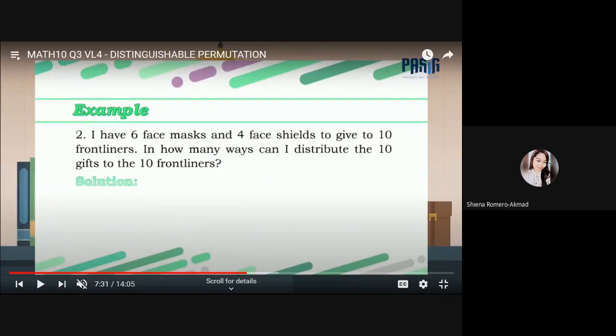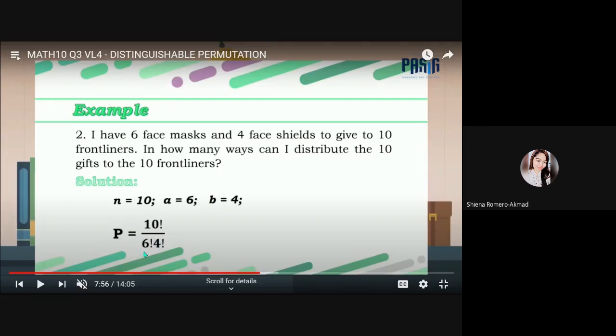How many items do we have all in all? 10. So we have n equal to 10, then the face masks 6 and the face shields 4. If we use the formula, we'll have permutation is equal to 10 factorial divided by 6 factorial times 4 factorial. Mapapansin nyo, their sum is 10.